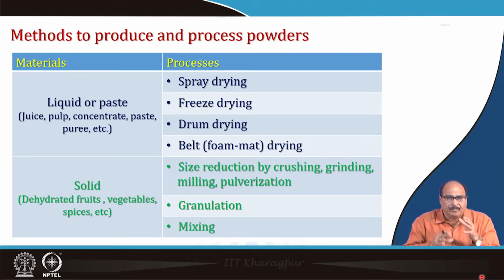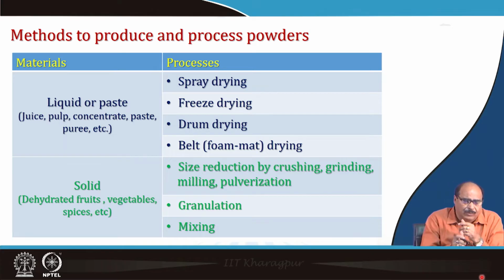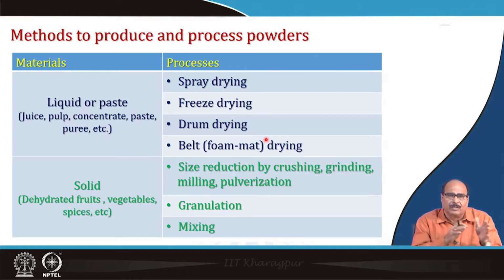The methods generally used to prepare powders, particularly fruit and vegetable powders: the material may be in liquid or paste form like juice, pulp, concentrate, paste, puree etc. For these, spray drying, freeze drying, drum drying, belt drying or foam mat drying can be used to convert them into free flowing powder form.